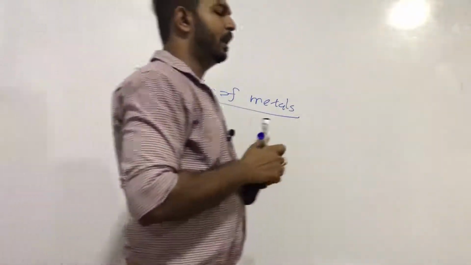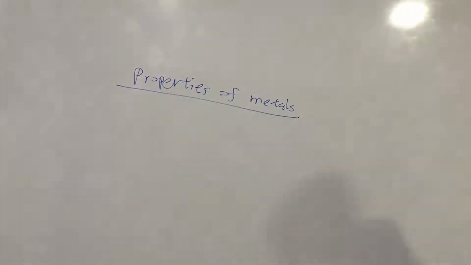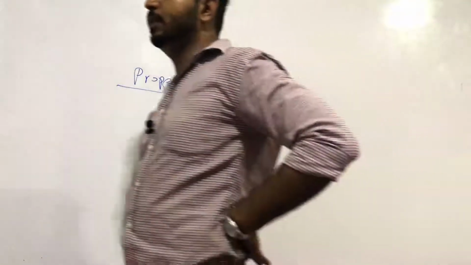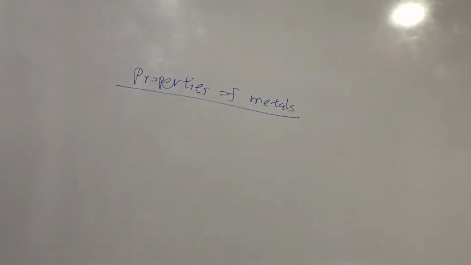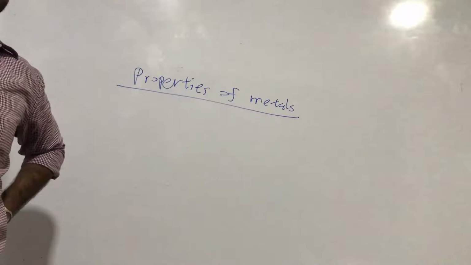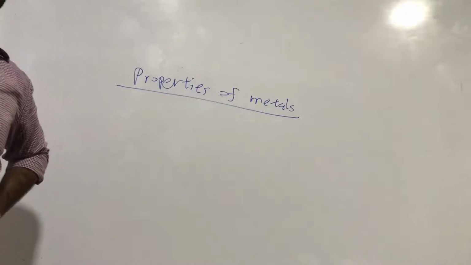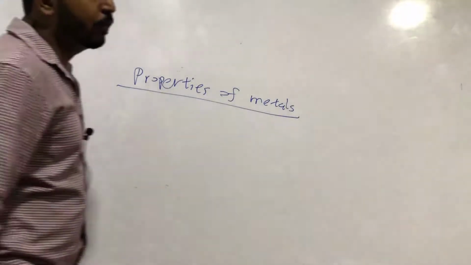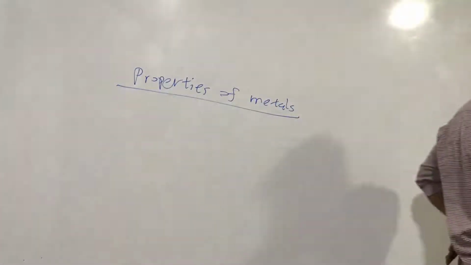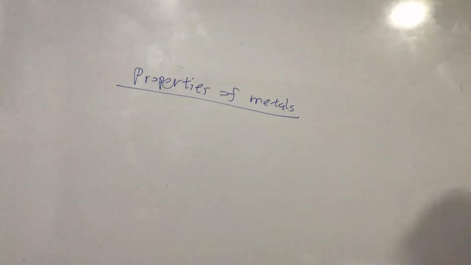Write the first property: high electrical conductivity due to pool of electrons.